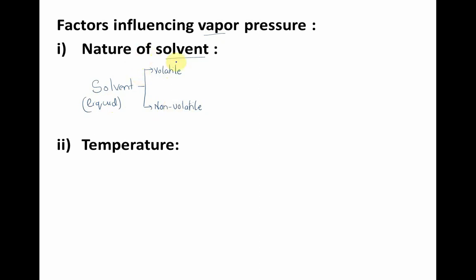Volatile liquid solvents evaporate very easily due to less intermolecular force of attraction. Due to less intermolecular force of attraction, they easily vaporize, creating maximum vapor pressure on the surface of the liquid. In the case of a non-volatile liquid solvent, they possess more intermolecular force of attraction.